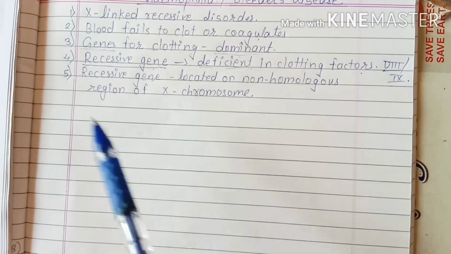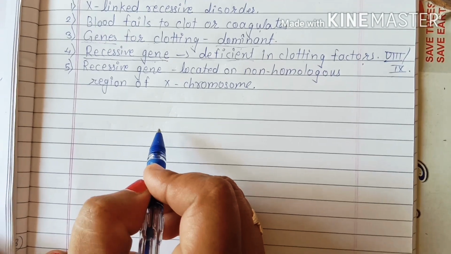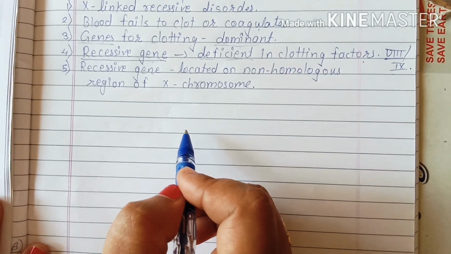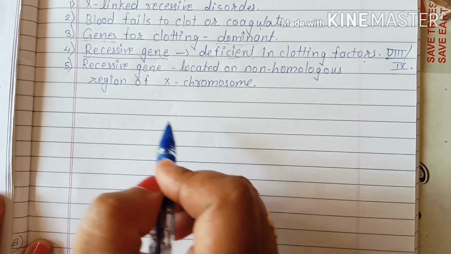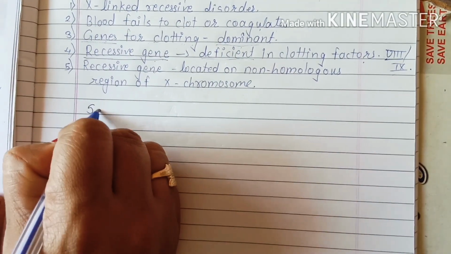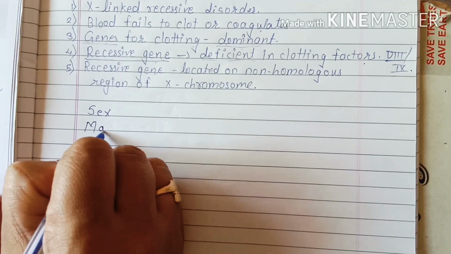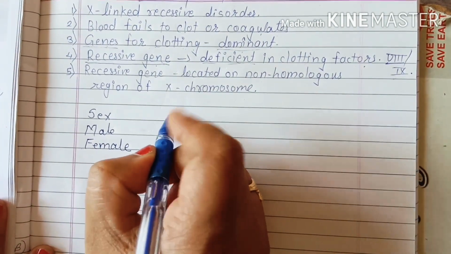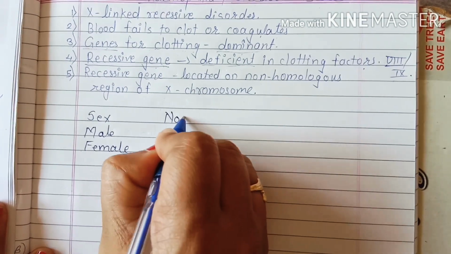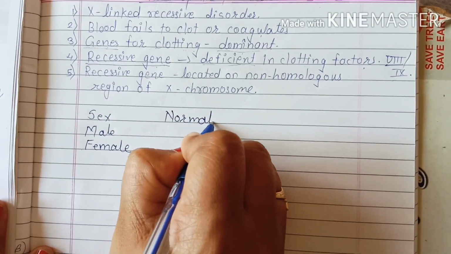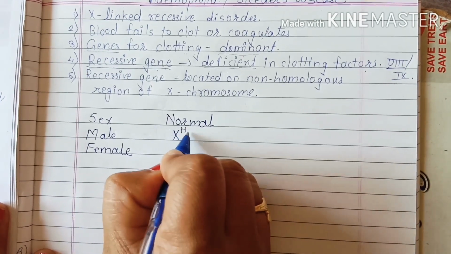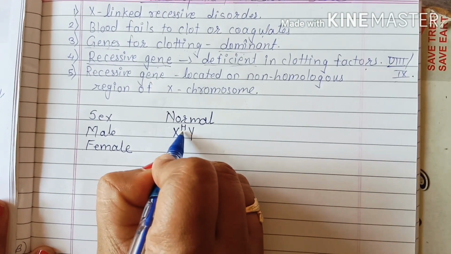Now let us talk about the genotype and the phenotype of this gene. Again I am going to represent it in a box, with sex as male as well as female. For a normal male the genotype is X capital H Y. Why have I written capital?